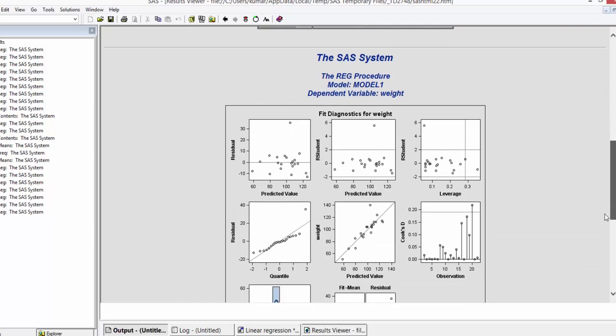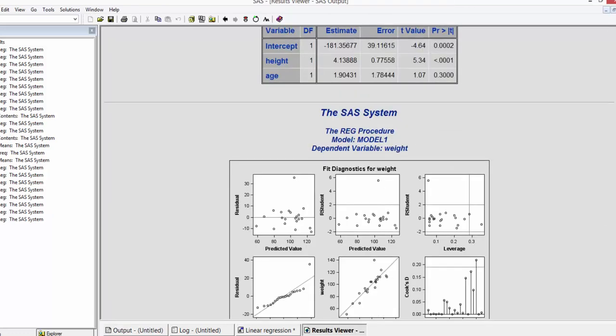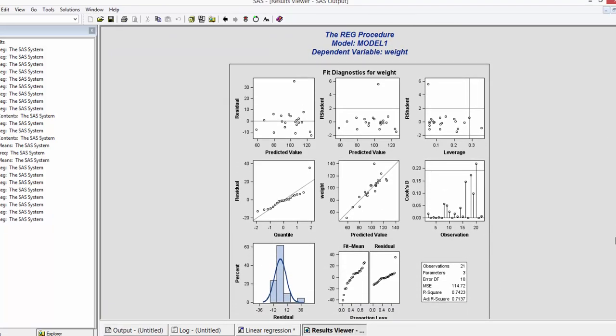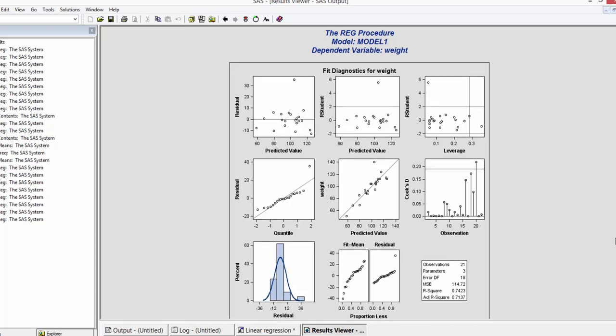All right, now you can see the plots, right? Several of them. You can get the residual plots. If you're familiar with linear regression theory, you must know that the residuals or the error terms in the linear regression should be random in nature. There should not be any pattern in the error terms.